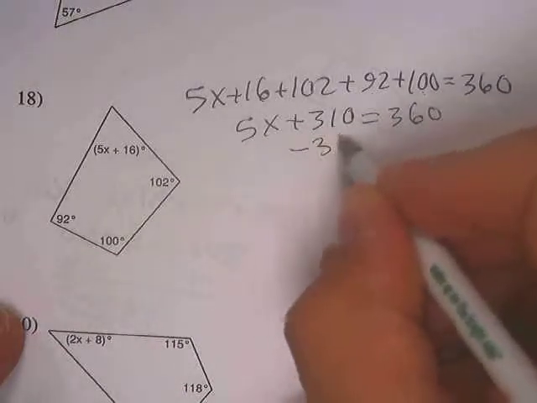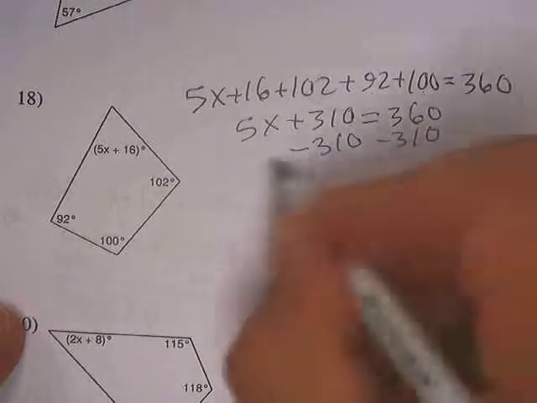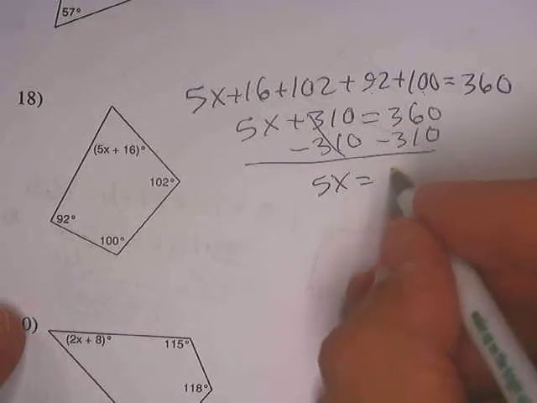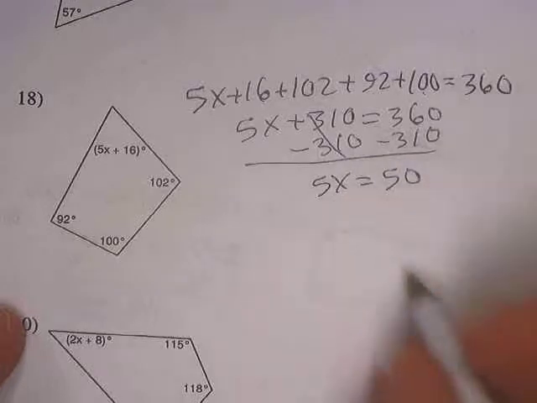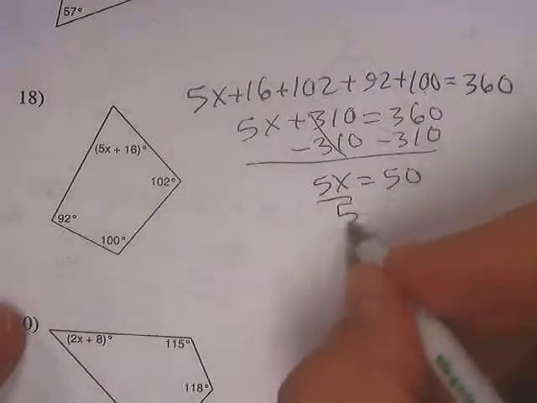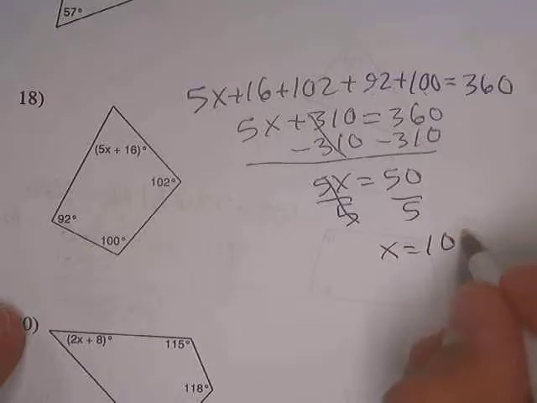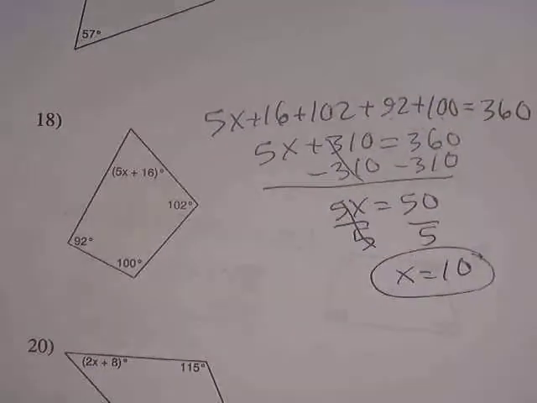So 5x plus 310 equals 360. Subtract 310 from each side. I'm left with 5x equals 50. So I divide by 5. X equals 10.